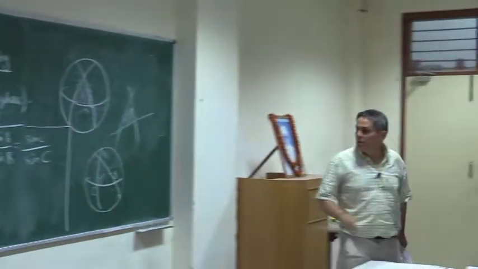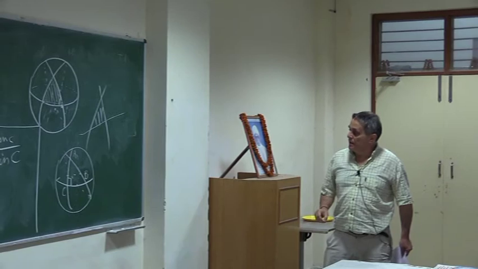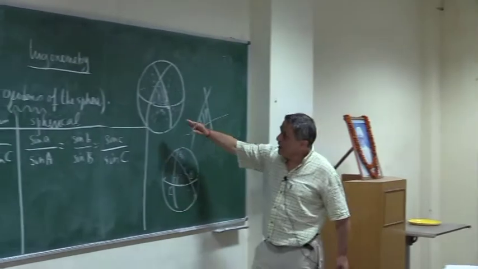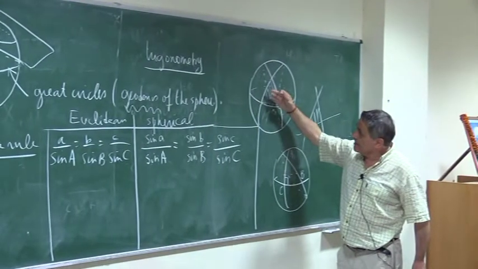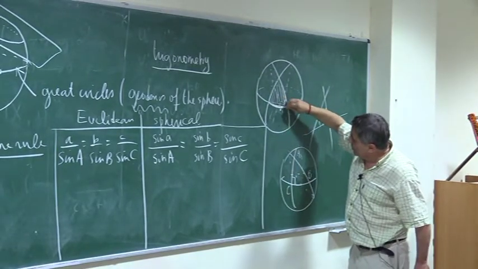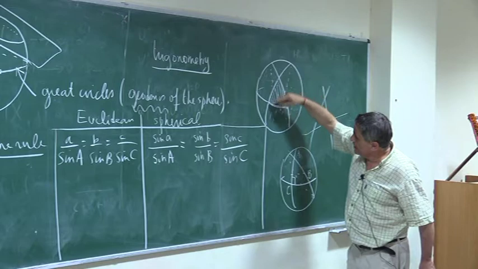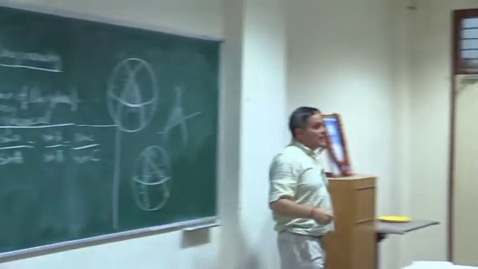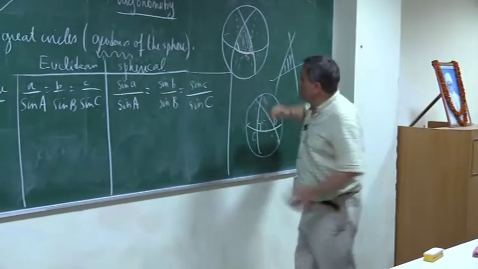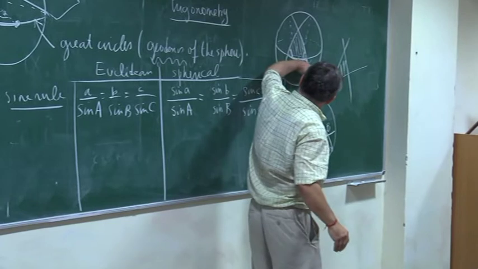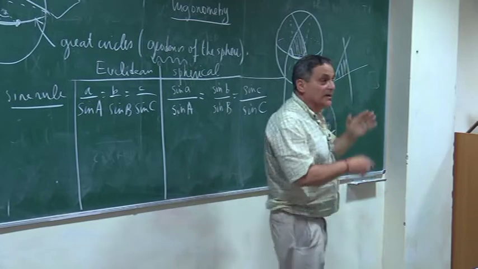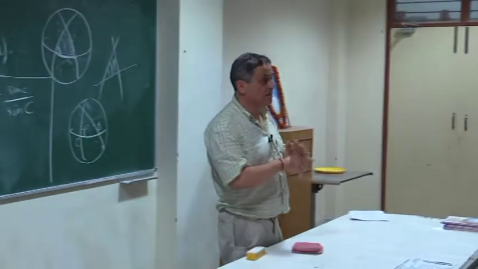So I didn't tell you how you define the angles of this triangle on the sphere. I told you that the length is defined using the Euclidean angle at the origin. Now the angle of a triangle here: you know that these two sides are intersections of planes with the sphere, and the angle they make is the angle that the two planes make.